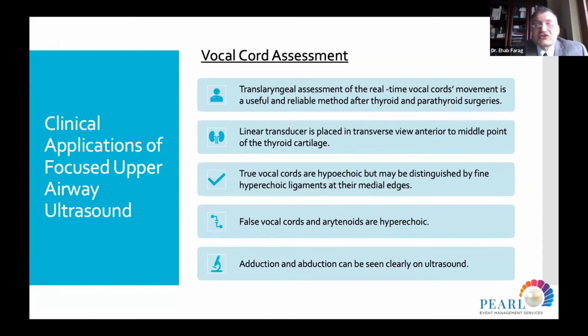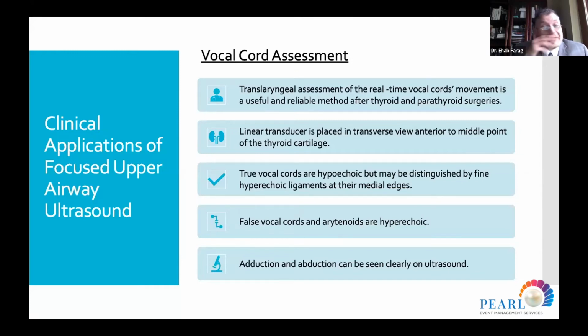Also, we can use that for vocal cord assessment. Translaryngeal assessment of real-time vocal cord movement is a useful and reliable method after thyroid and parathyroid surgeries. Linear transducer is placed in the transverse view anterior to the midpoint of the thyroid cartilage.